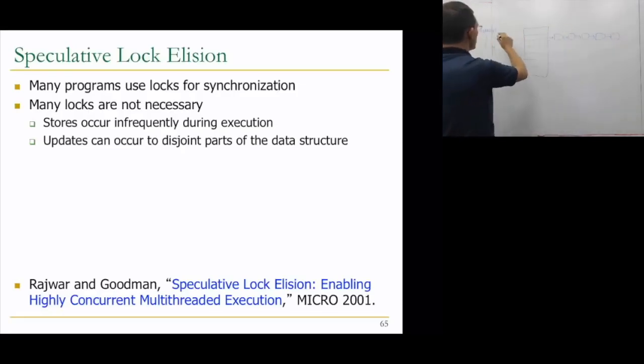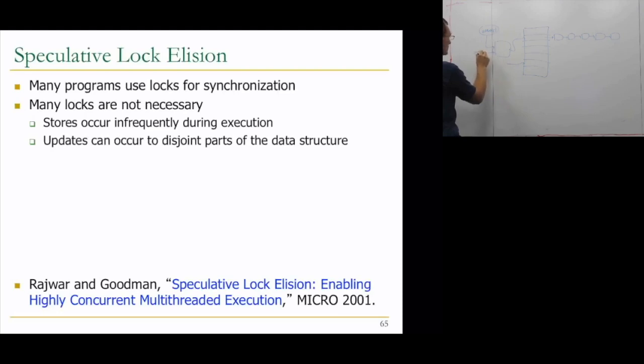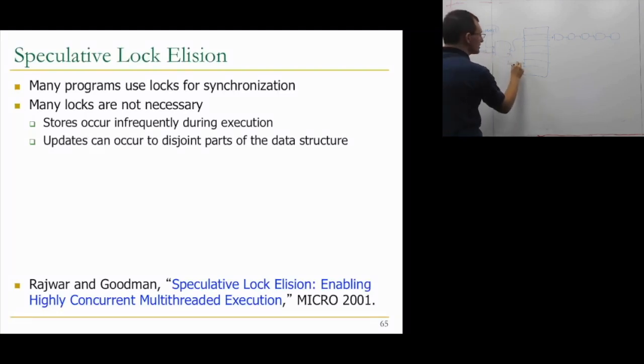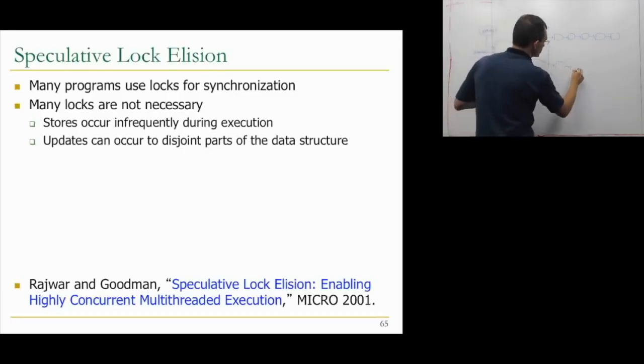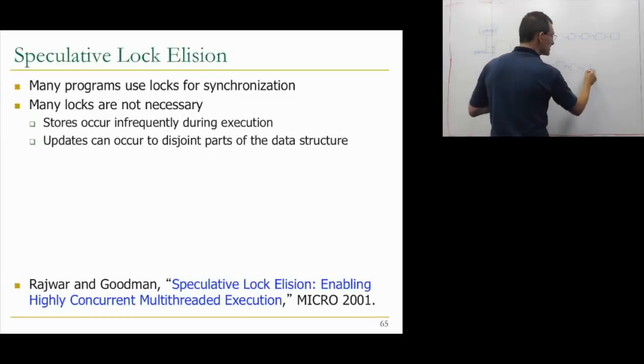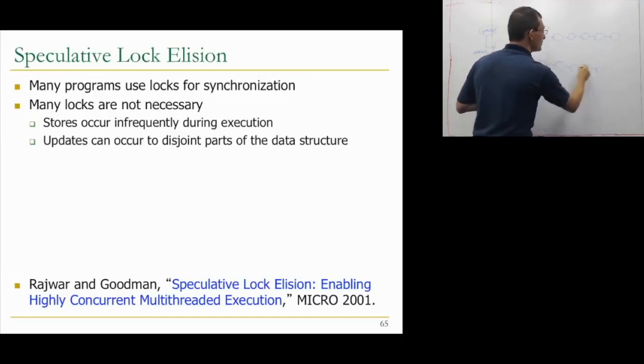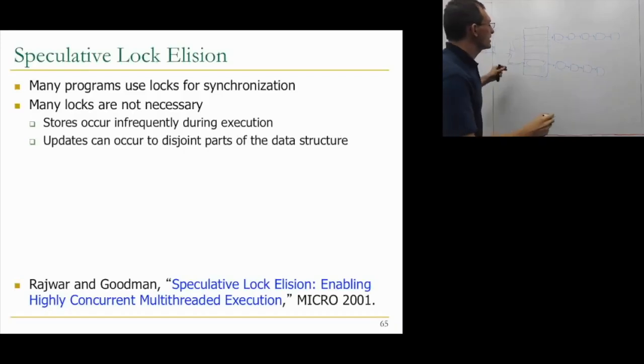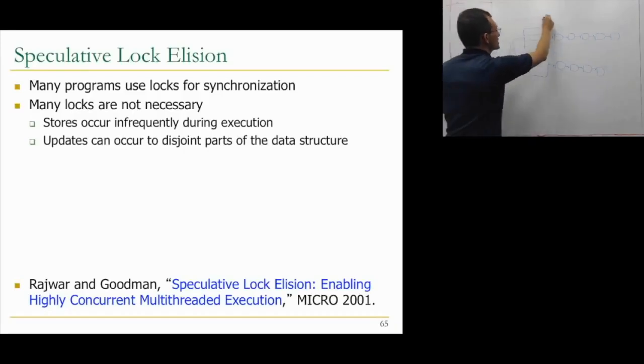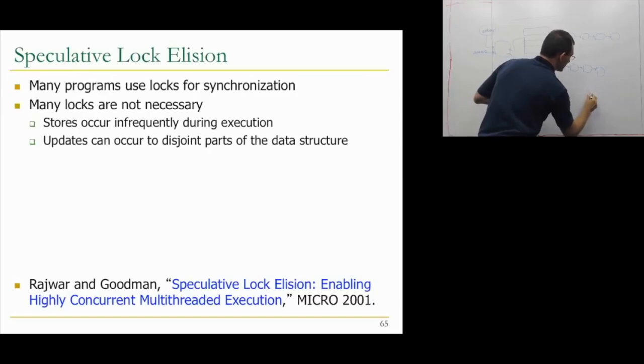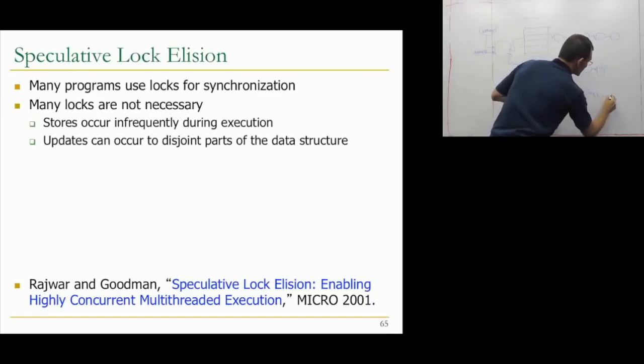This search of that address 1 in the hash table has nothing to do with, let's say, you're actually inserting address 2 into the hash table, but it happens to map to this bucket over here. And this insert operation into the hash table will update this linked list and not this linked list. So they have nothing to do with each other. But the programmer may protect the entire hash table with a single lock for programming ease, right?